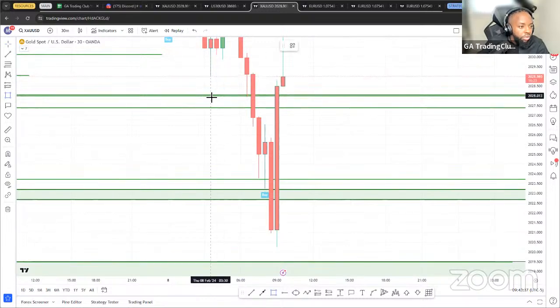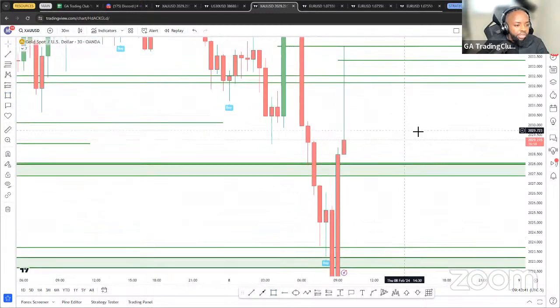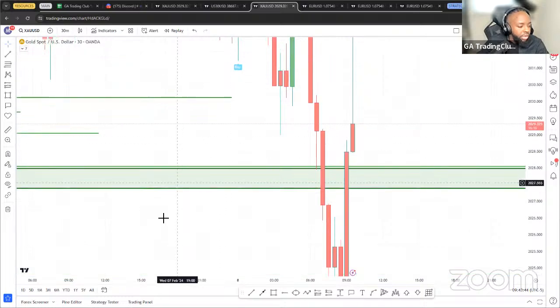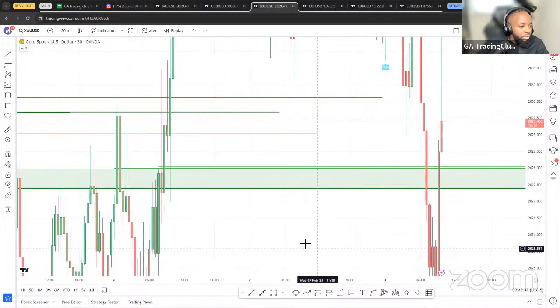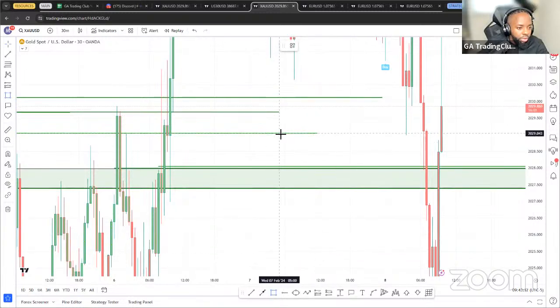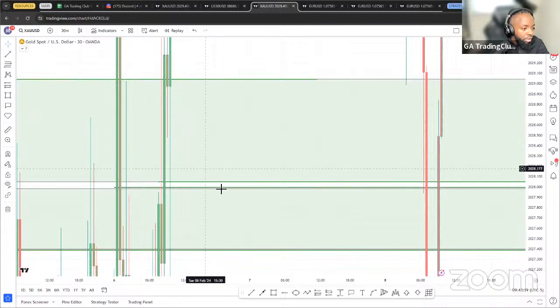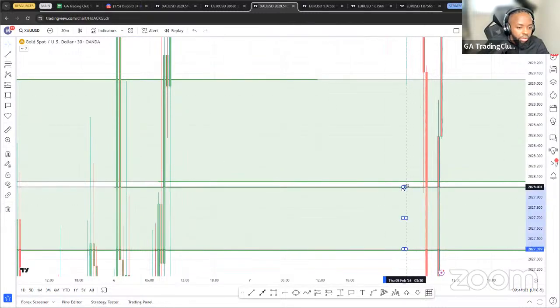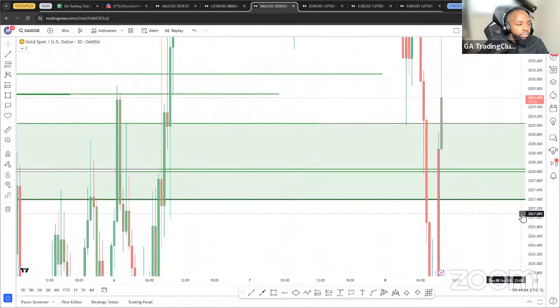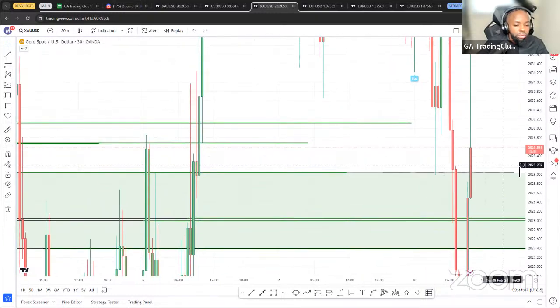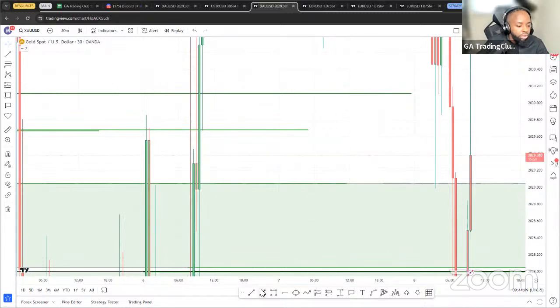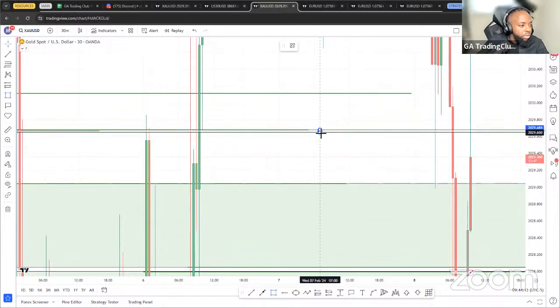Have this one right here. So just marking up the zones that are around where price is currently at right now. This one. This small zone right here.